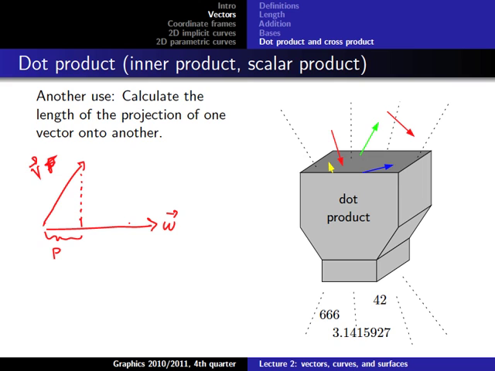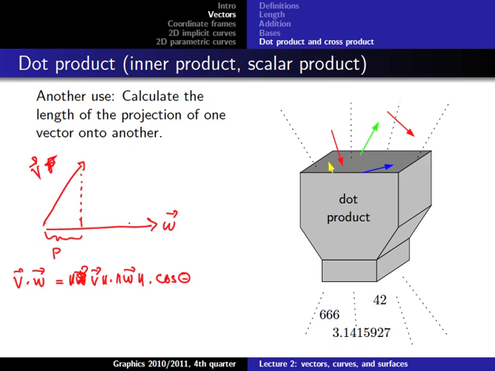And if you think about what we had here, this v·w is the length of v times the length of w times cosine theta.